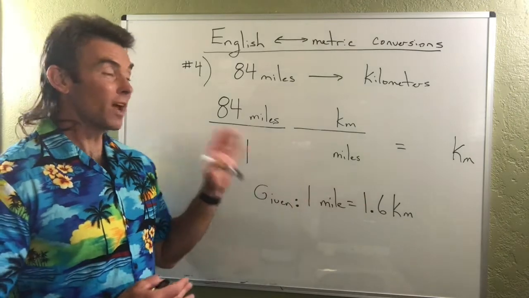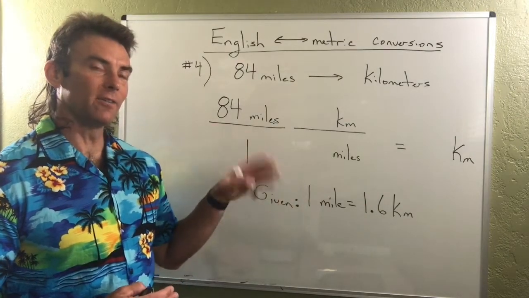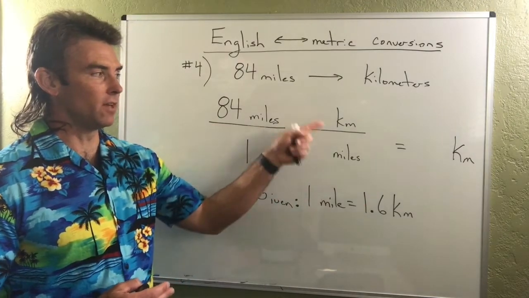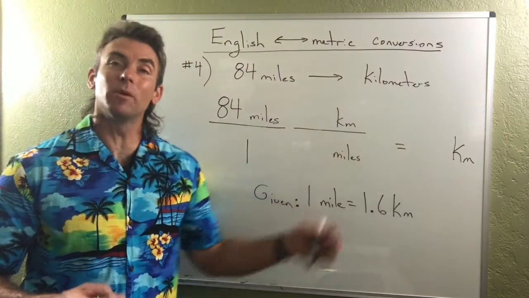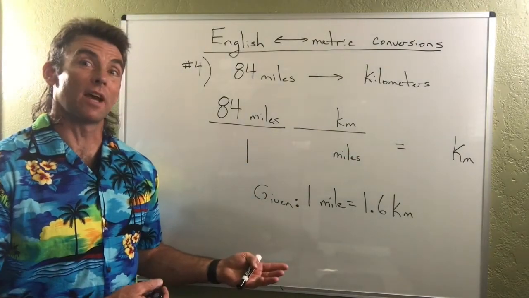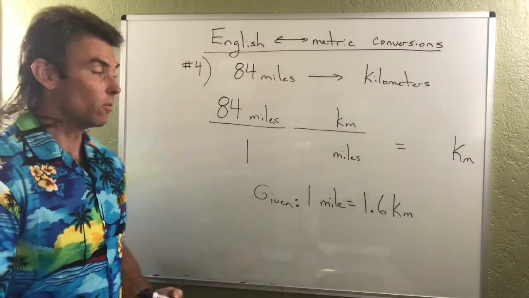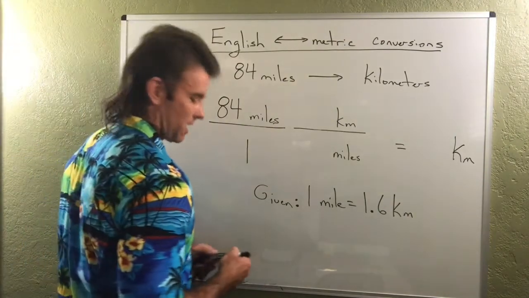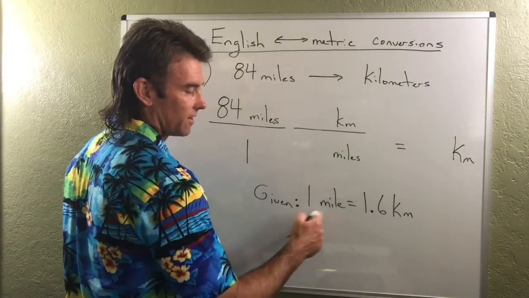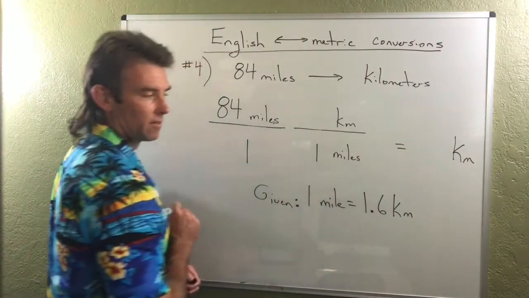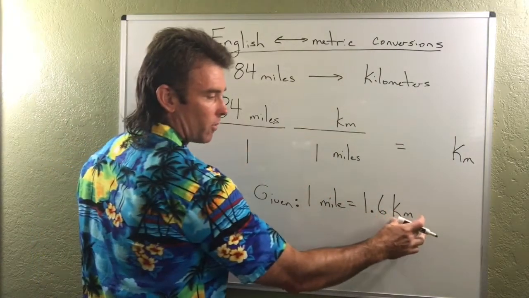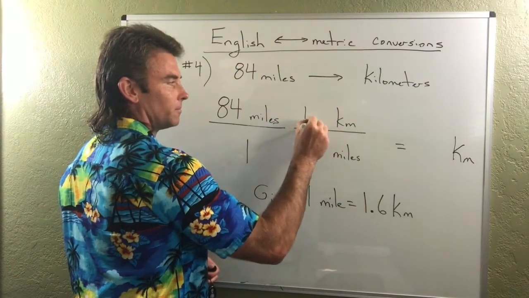And so we're not going to change too much here in terms of the way that our units are arranged, but what will change is what numbers go with what value. So now I've got a 1 that goes with mile, like that. Now there's a 1.6 that goes with a kilometer.